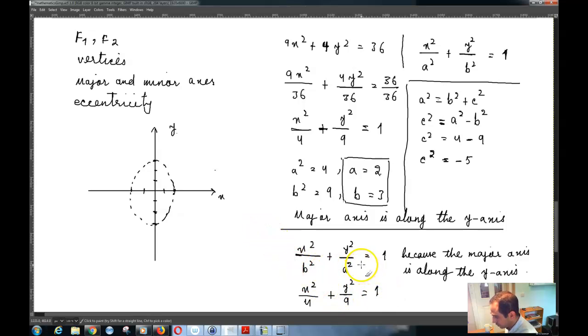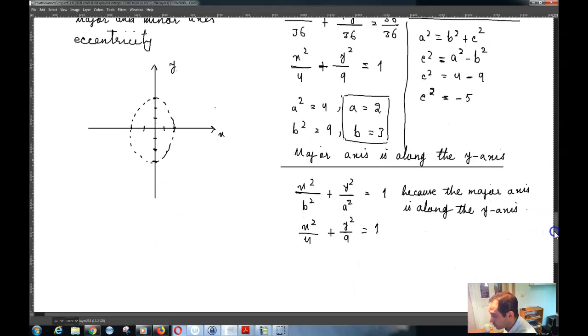Now if I compare these equations over here, I have basically b squared is equal to 4 and a squared is equal to 9. So b is equal to 2 and a is equal to 3.